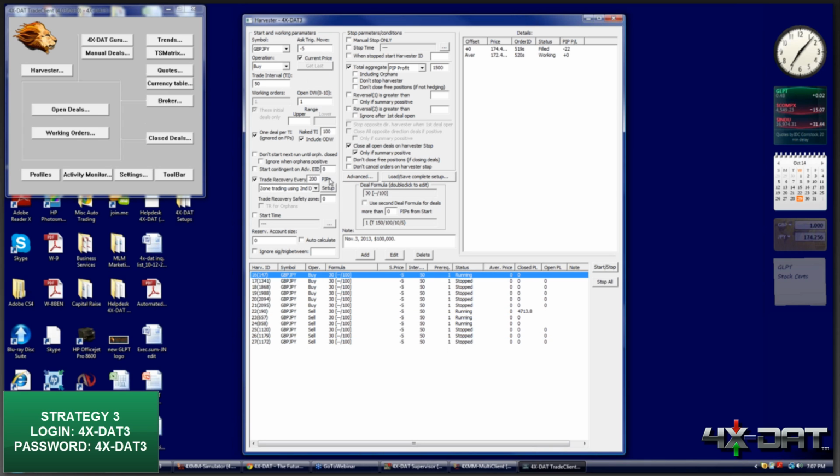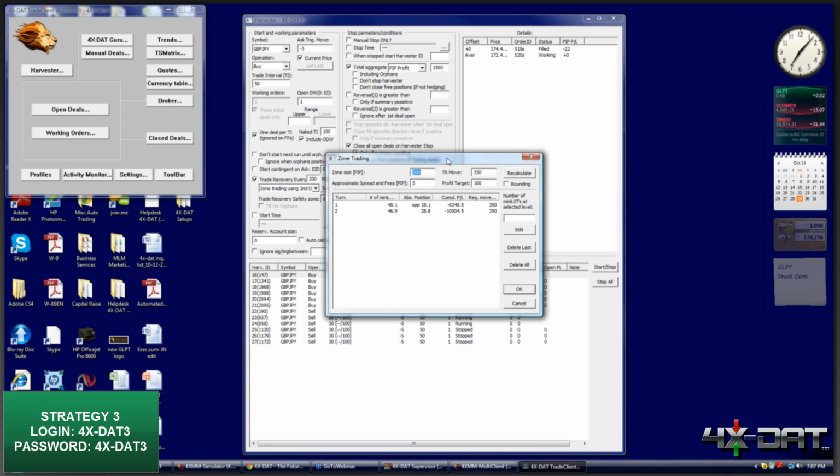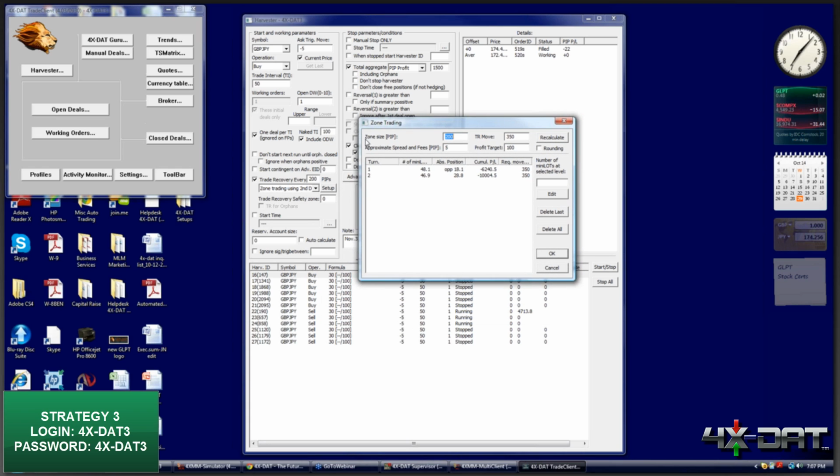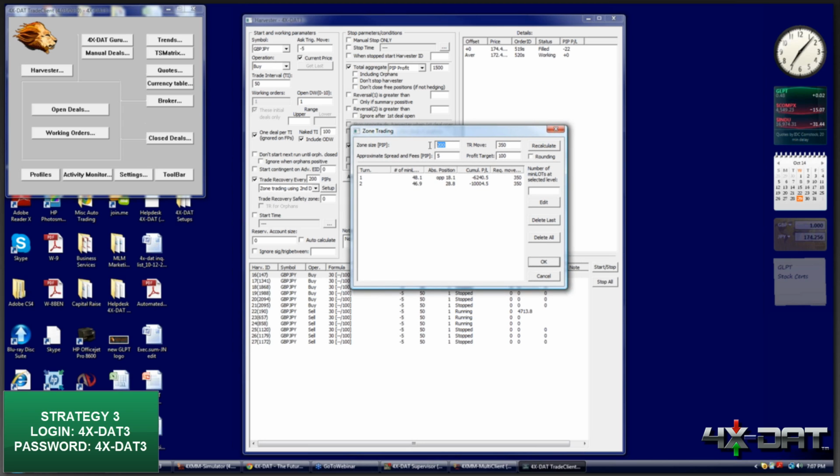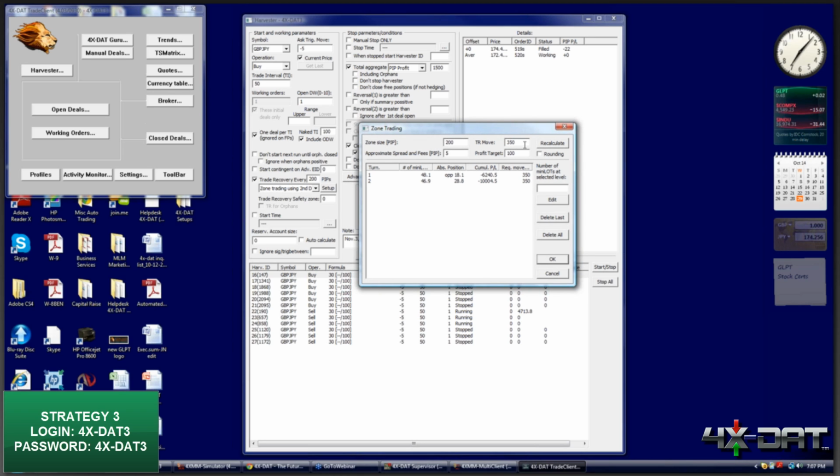Each strategy will have a trade recovery that is based on our zone parameters. And right now we're looking at the zone recovery setup, and we're looking to start recovering after the market moved against us 200 pips, and then we'll recover the entire position after 300 additional pips of the market's move.